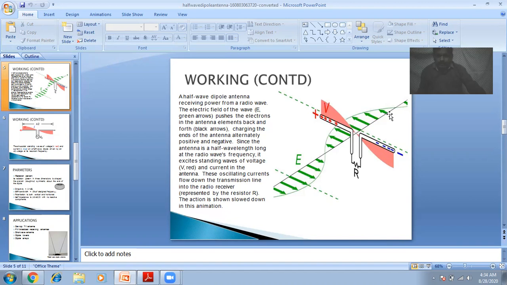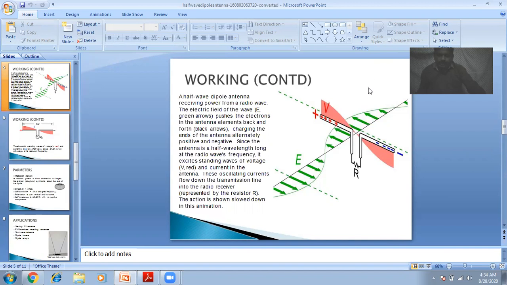So let us see at the center what is happening. At the center, the current is maximum and voltage is minimum. So what is impedance? Impedance is generally the ratio of voltage to current. If you take the ratio of voltage to current here, voltage is minimum and current is maximum. So minimum value divided by maximum value gives a minimum value.